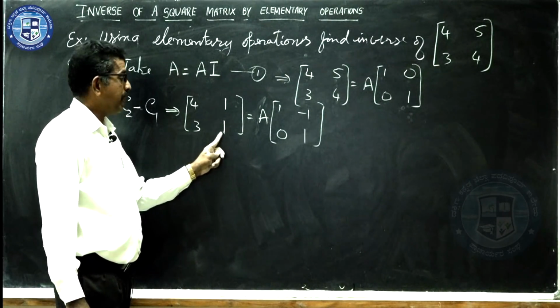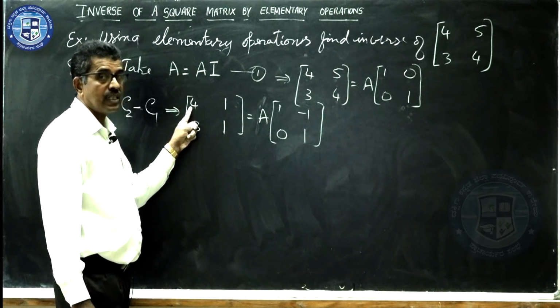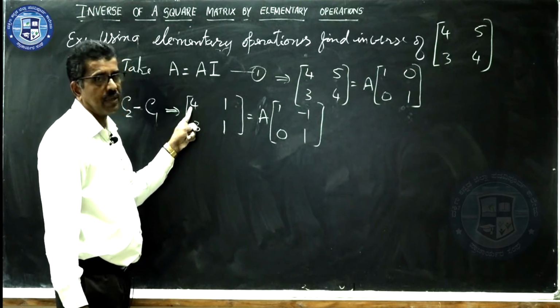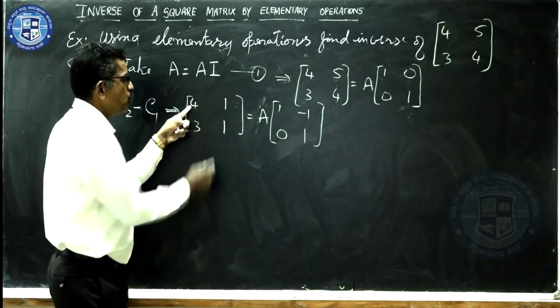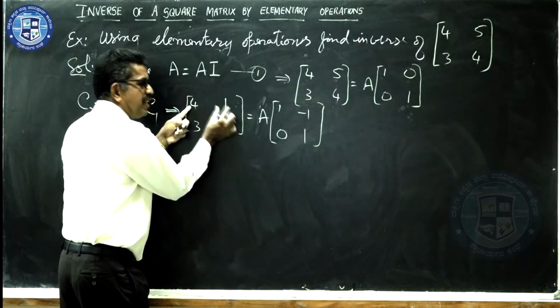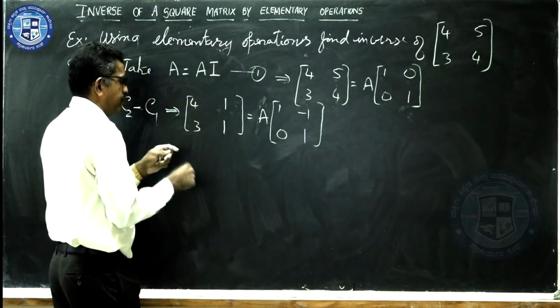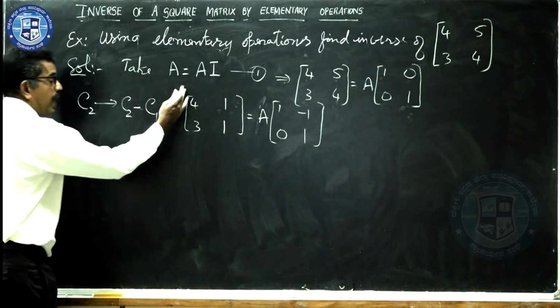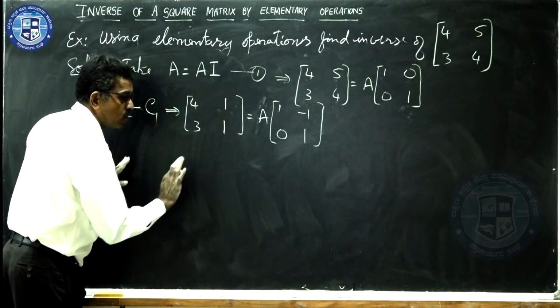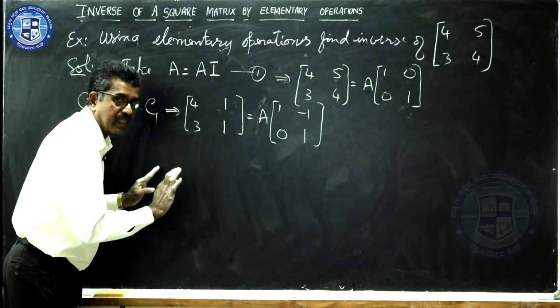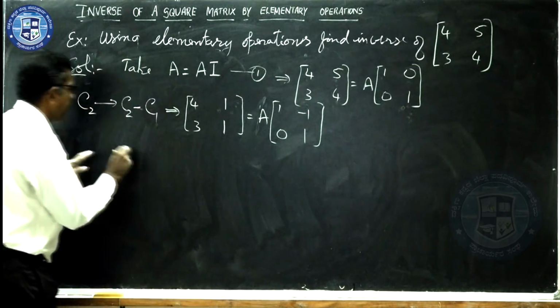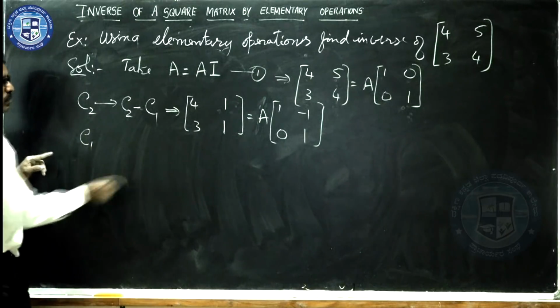After that, you have to plan how you can get the other diagonal element as 1. To make this one 1, you multiply this one by 3, then subtract. Because 4 minus 3 gives you 1. Therefore, what operation? I need to think of only column operation, not row operation now. You cannot mix the row and column operations. Therefore, let me take the first column.